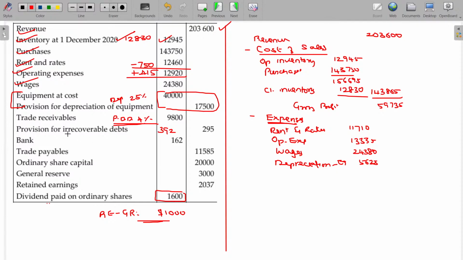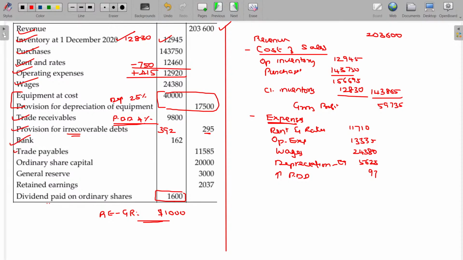But already we have the provision for irrecoverable debt of 295. So there is an increase. In case of an increase in provision for doubtful debt, that should be an expense; in case of a decrease, it's an income, which you can add to the gross profit. Now the value here being 97, increasing the provision for doubtful debts. So whenever it's a provision, always cross verify with the existing provision, and only the change is going to be incorporated, whether it is increasing or decreasing. If it is increasing, it should be an item of expenses. If it is decreasing, consider it income added to the gross profit.